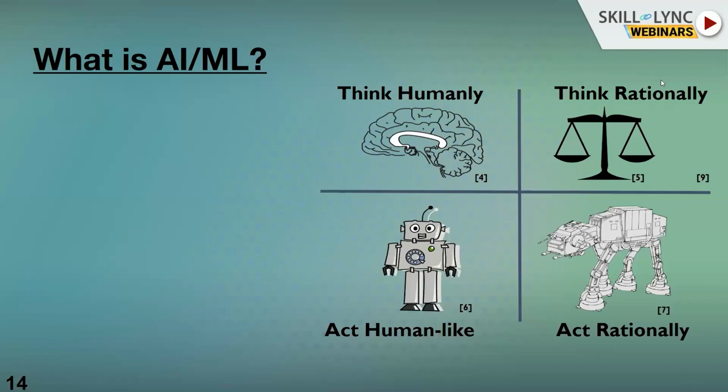Then, from a vertical perspective, one is about mimicking human behavior, and the other is not about mimicking humans, but about acting or thinking rationally. Rationality is the driving force here rather than mimicking human behavior.